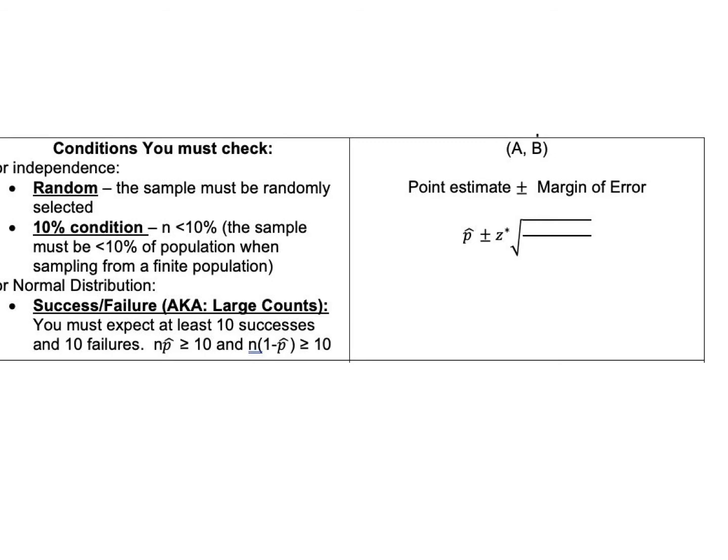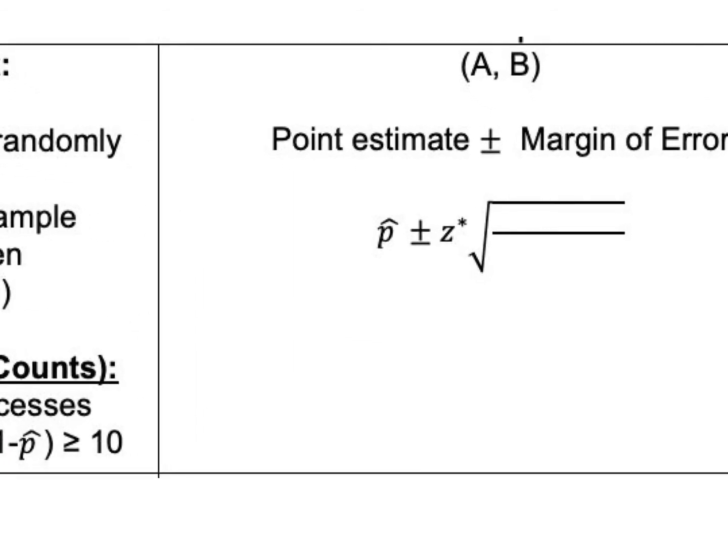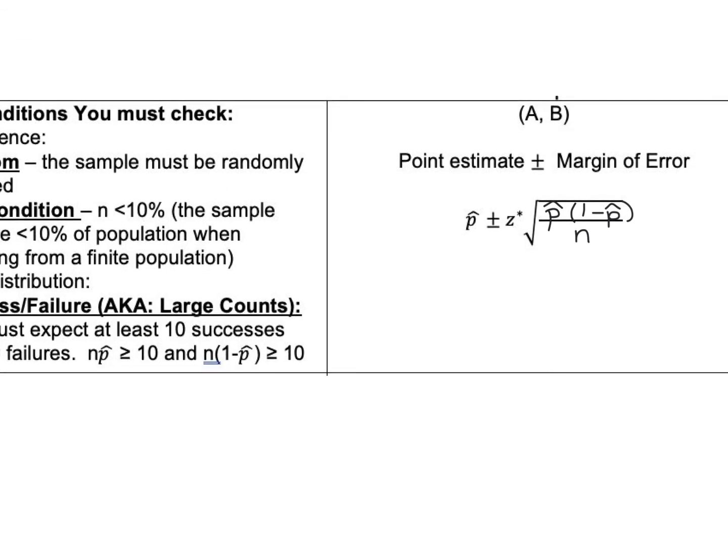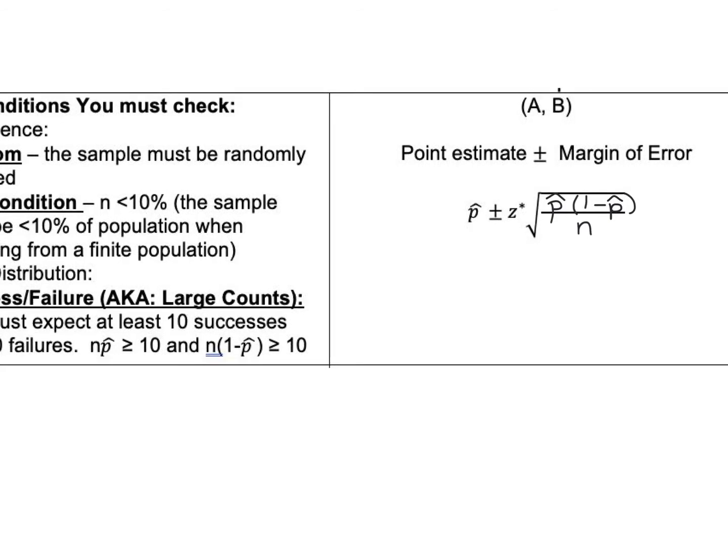It's a technicality. It's multiplied by our standard deviation. Well, how do we get that? We did p times 1 minus p. Again, we don't have p, we have p hat. So p hat times 1 minus p hat over the sample size. This is the formula you will use to construct a confidence interval.